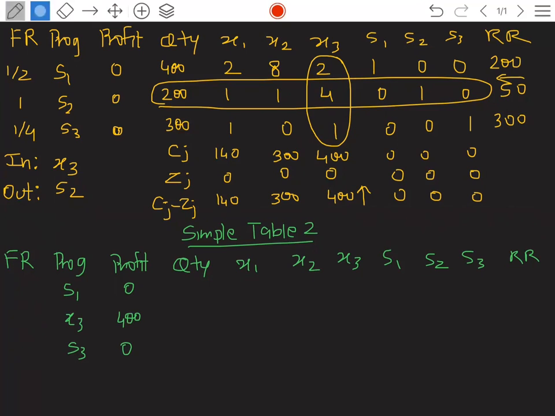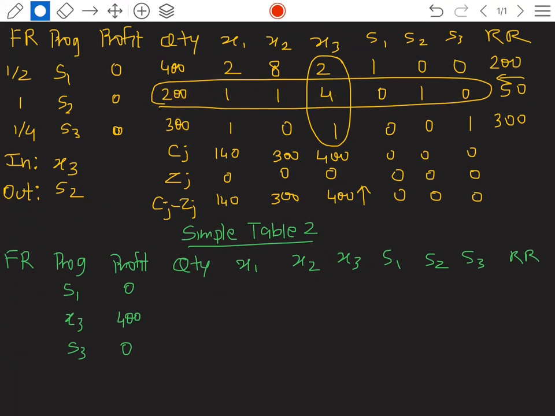Then regarding filling up the values now, we have 3 rows to fill up. Out of these 3 rows, talking about the row which was earlier the key row, the middle row was the key row earlier. And we know that in order to fill the key row, we simply divide the old values by their intersection.